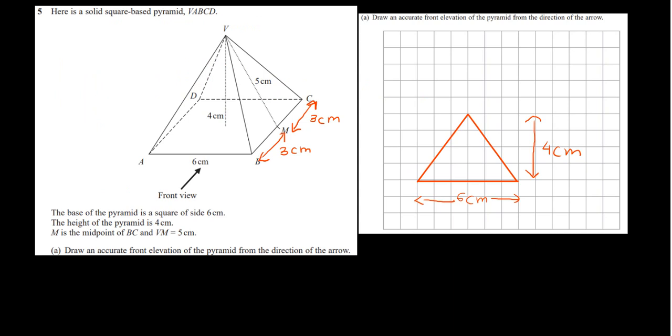And the reason for that is, when I look at it visually, because the triangle is slanted, the front elevation will look like it's 4 centimeters high, because it's a 2D representation of a 3D shape. When I'm working out the surface area, I would look at the triangle as 6 centimeters here, that height being 5 centimeters. So I'll go back here.